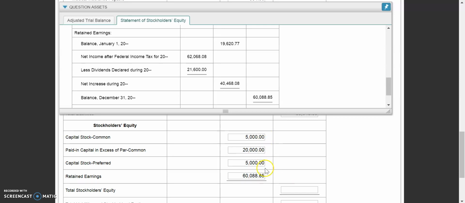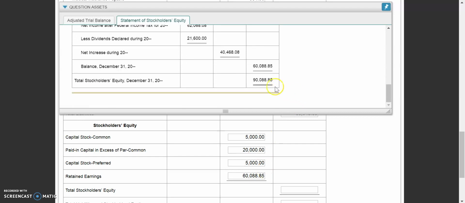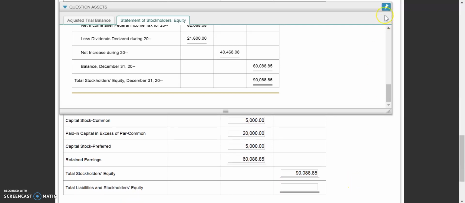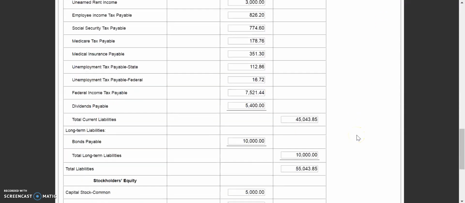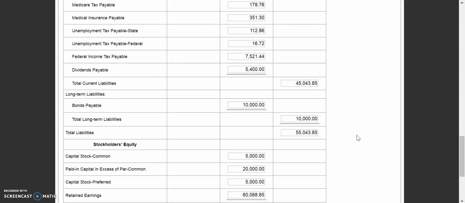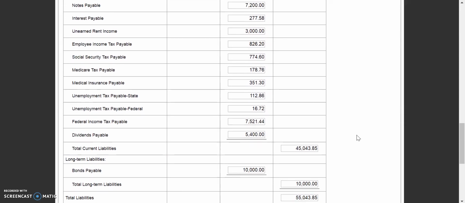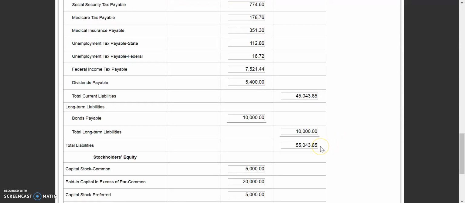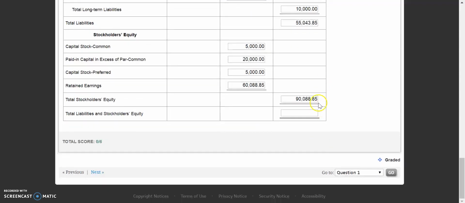And so we total all of those to get our total stockholders' equity. Luckily, we can kind of cheat and take it off of our stockholders' equity statement, which is $90,088.85. I'm just going to hide this because we don't need it anymore. And then in order to find our total liabilities and stockholders' equity, we take our total liabilities, which is $55,043, and our total stockholders' equity, $90,088, and when we add those two together, we end up with $141,132.70.